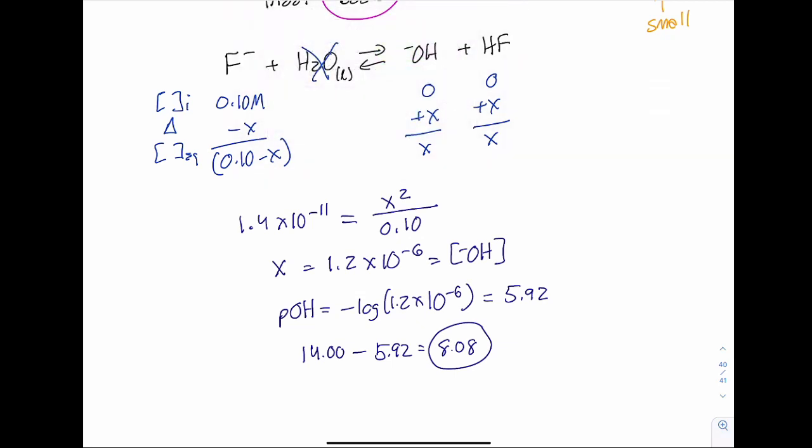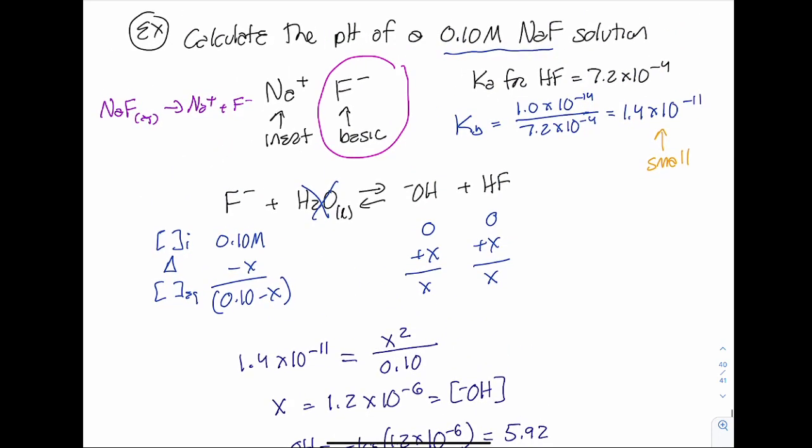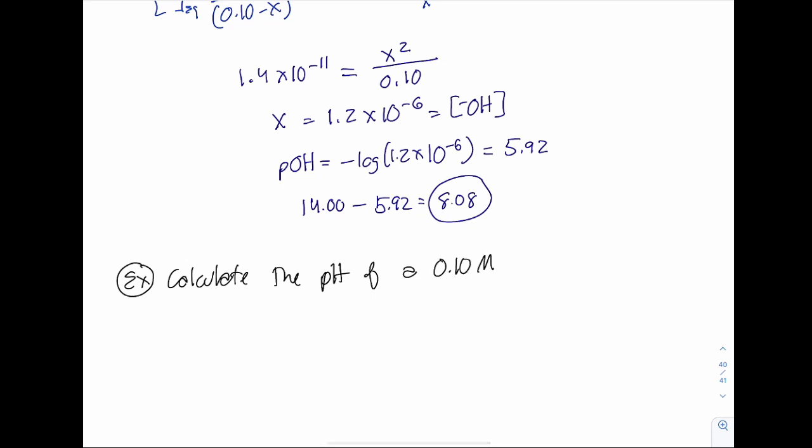We're going to do one more example, and I want you to try it on your own and then we'll do it together after that. So we're going to calculate the pH of a, let's just do 0.1 molar again, ammonium chloride solution.